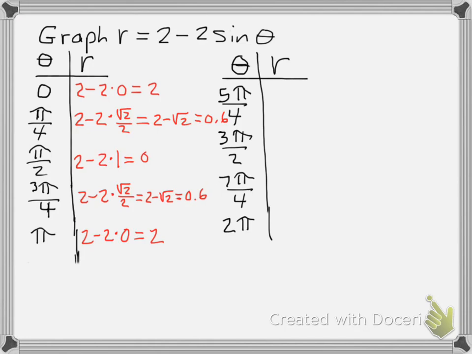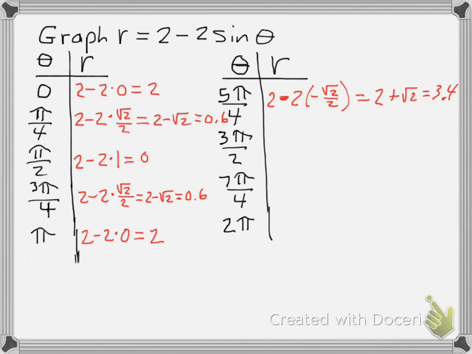If I use 5 pi over 4, r will be 2 minus 2 times the sine of 5 pi over 4, which is negative square root of 2 over 2. So in this case, we're going to get 2 plus the square root of 2, which is about 3.4.